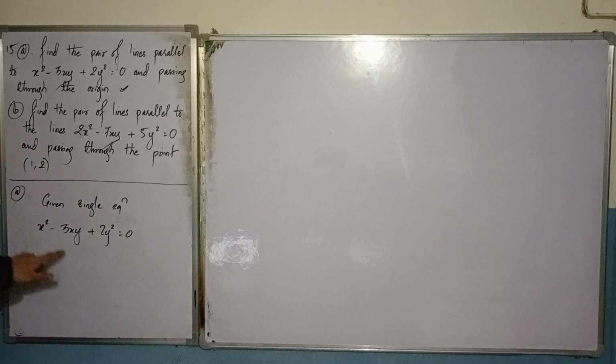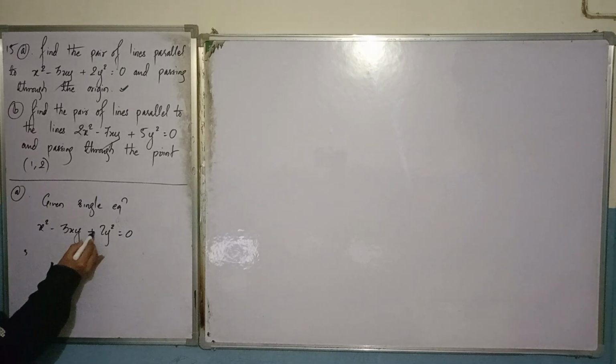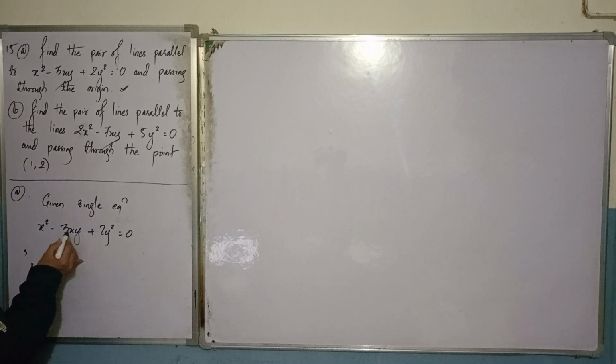For that, first you have to separate this. You know how to separate. You just factorize that part. Now just factorize: 2 times 1, 2 plus 1 is 3.